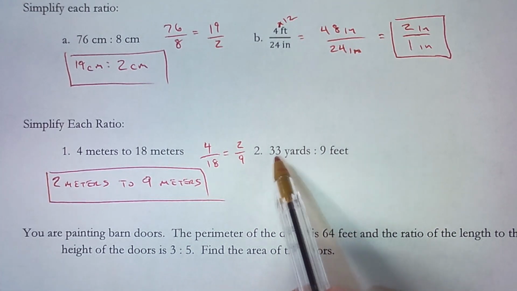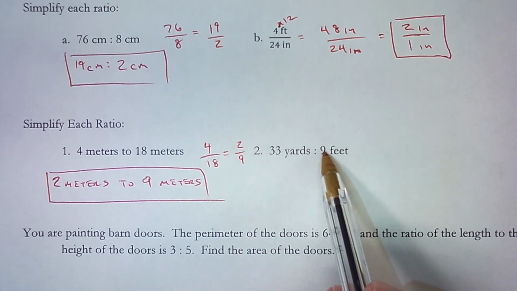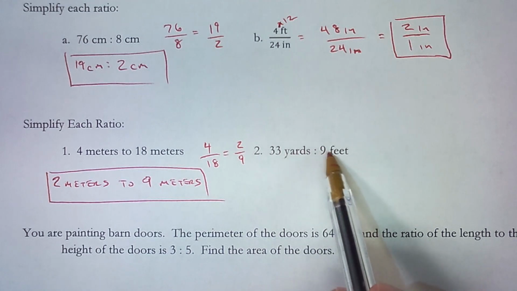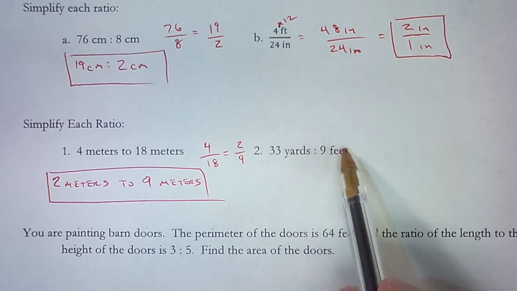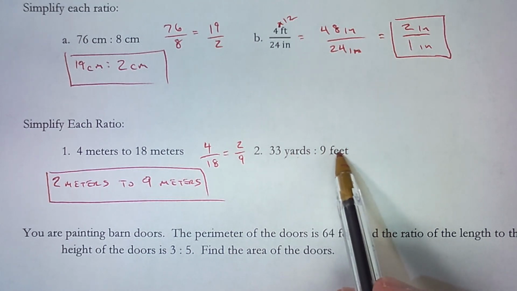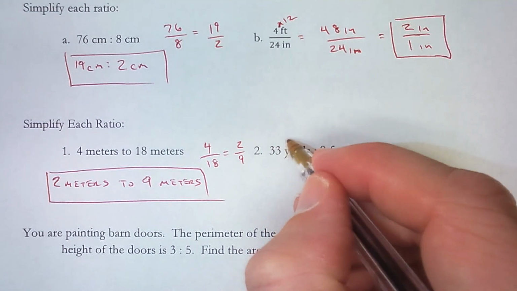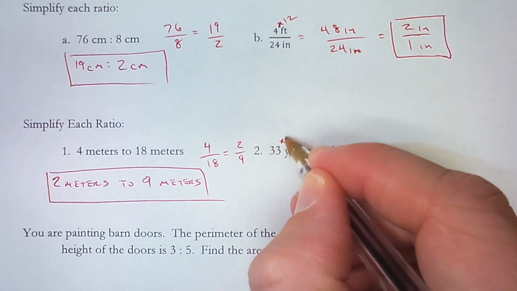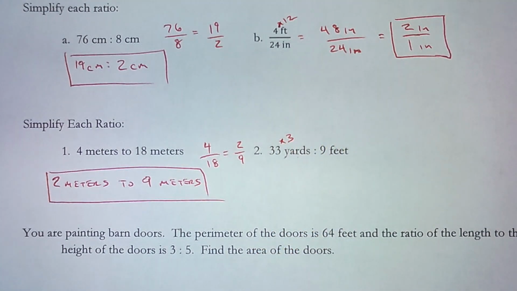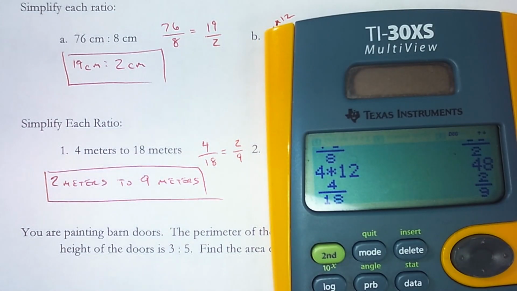Okay, the next one, 33 yards to 9 feet. These are different units, so I need to change that. Now, there are 3 feet in a yard, so I can change both to yards or both to feet. I'll do both feet. So 33 times 3 will give me the number of feet, that's going to be 99.